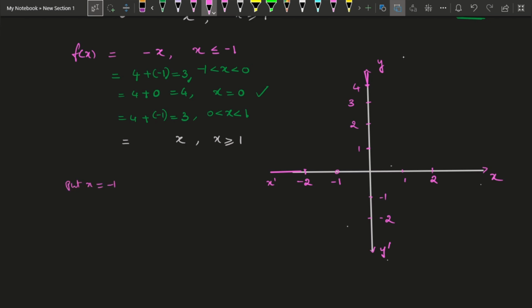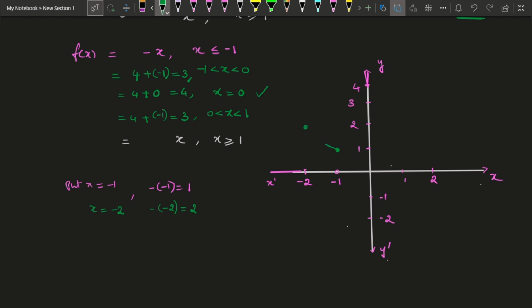Put x equal to minus 1 in the first function. It becomes minus of minus 1, which is 1. So for x equal to minus 1, it is defined as 1. Similarly, I have chosen another value left of minus 1, let's say minus 2. It is defined as minus x, so minus of minus 2 is plus 2. So for minus 2 the corresponding image is plus 2.